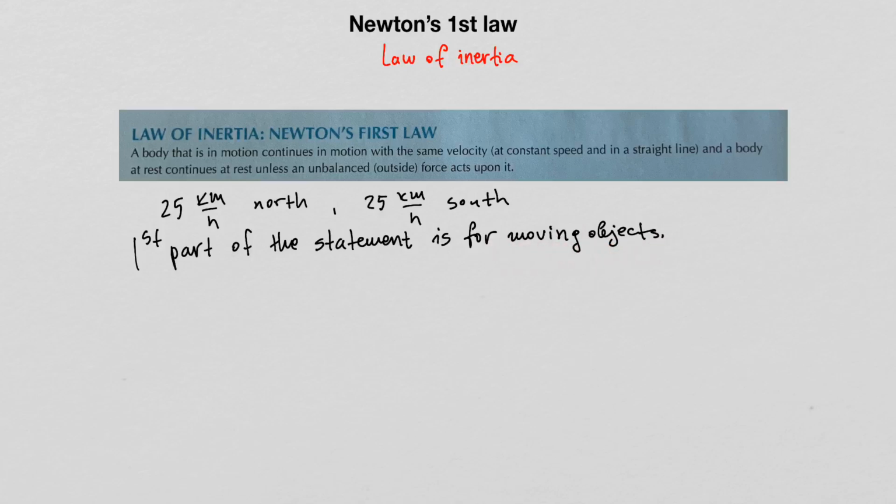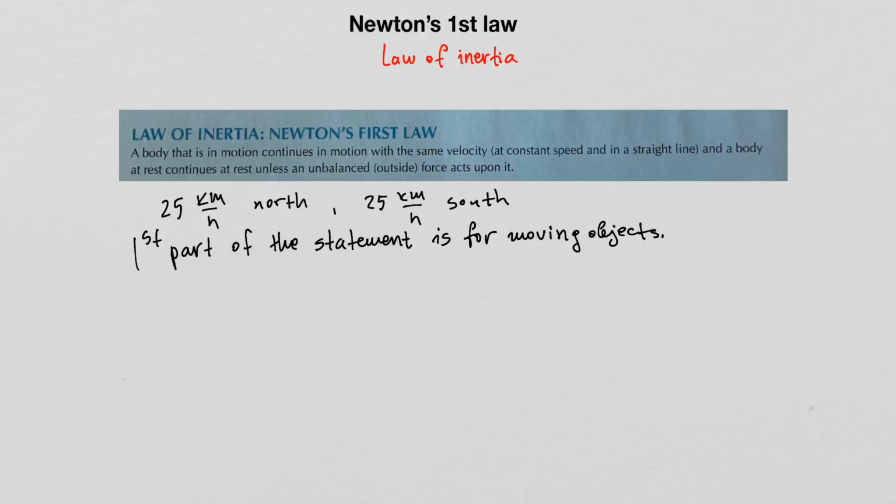Now let's look at the second part of the statement. The second part of the statement states that a body at rest continues at rest unless an unbalanced or outside force acts upon it. This one is pretty straightforward to understand. If we have a stationary object, let's say a 2x4 laying on the floor or on the ground, this 2x4 has no reason to move in any way or in any direction on its own.